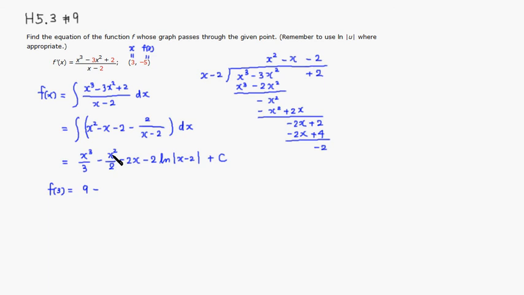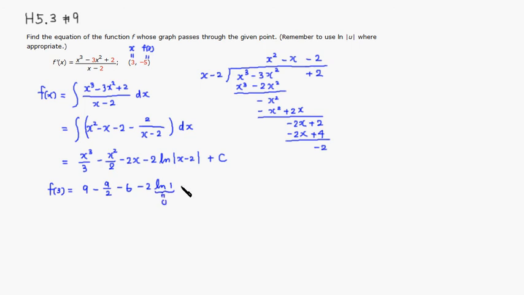Minus 3 squared over 2, so it's just 9 over 2. And 2 times 3, so it's negative 6. And then you have negative 2 times natural log of 3 minus 2, which is 1. But remember that the natural log of 1 is actually 0.